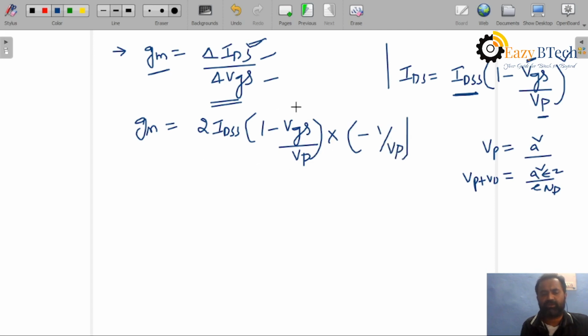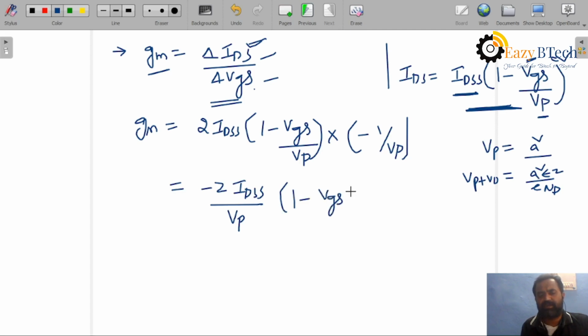The 2 comes down, with respect to VGS we get minus 1 by VP. So we write GM equal to minus 2 IDSS by VP into 1 minus VGS by VP.